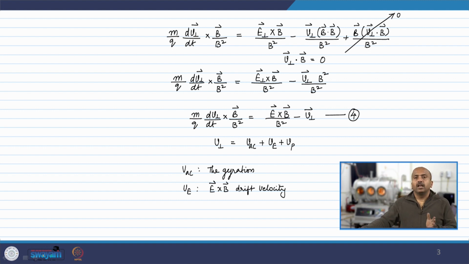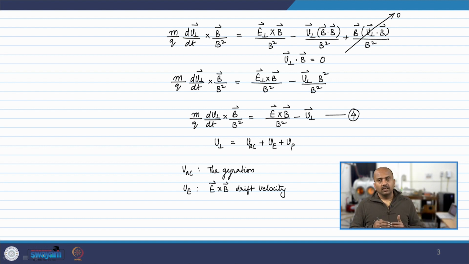Whenever we have electric and magnetic fields perpendicular to each other, we get a velocity which is called the E cross B drift velocity, which should be there. The electric field is already there. Now we have to think of something else which should also be accommodated in the same picture. What is the something? The electric field is changing with respect to time. So that means there is some acceleration because of the change of electric field with respect to time.